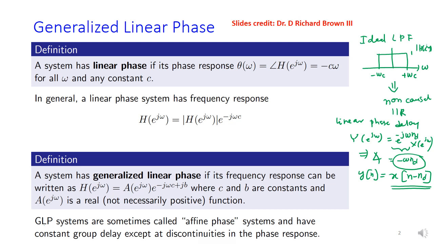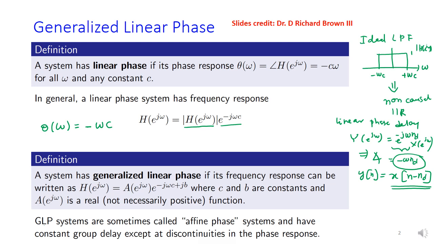So in this lecture we further generalize it. Before that, the way we defined a system that results in linear phase is a magnitude and a phase delay. Let's call the phase theta of omega, which is, for example, minus omega times c.